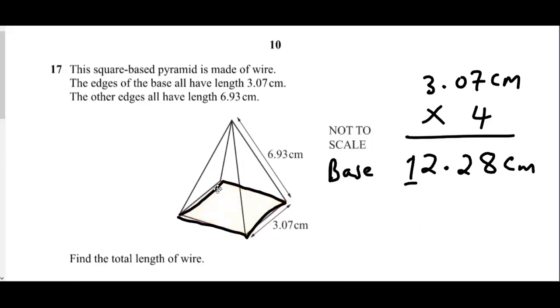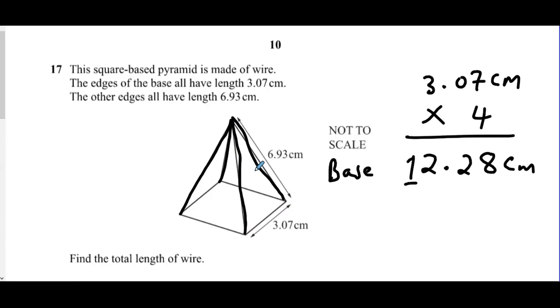Yes, we have another part, which is that the other edges all have length 6.93. They are talking about these edges here, the other edges. The first edge, another edge there, another edge there, another edge there.